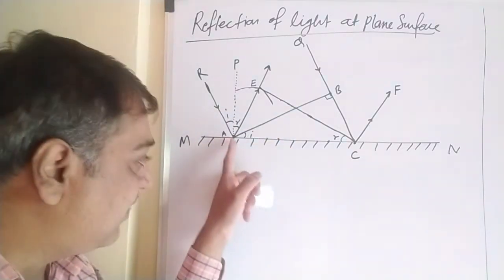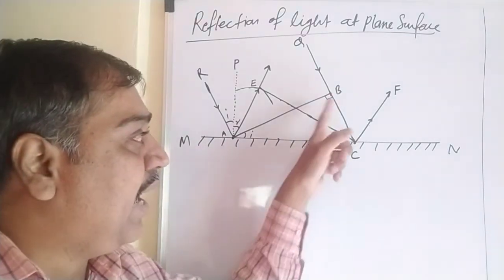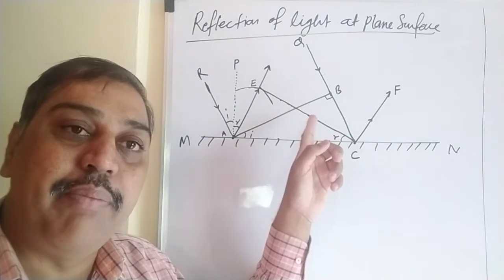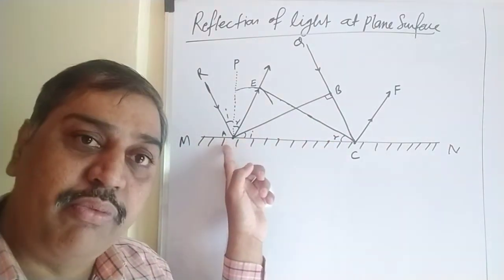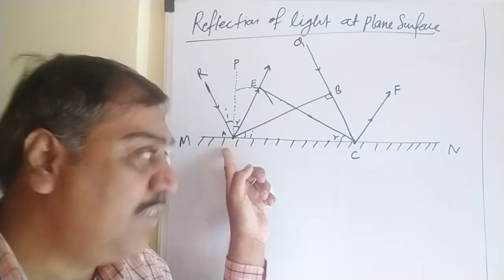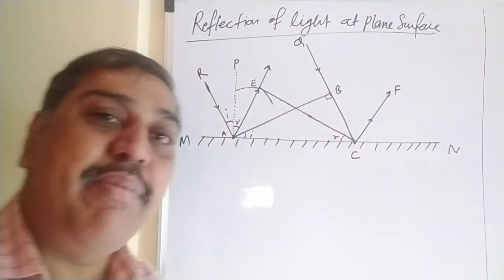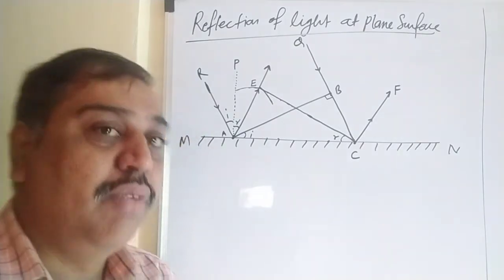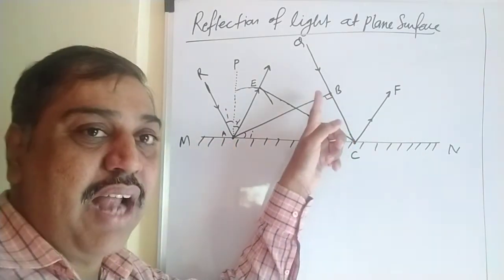When end A is meeting the reflecting surface, at the same time the B end of the plane wavefront is here somewhere. So both of them never get reflected at the same time. At one time, one end A gets incident on the reflecting surface, B remains at a certain height above it.